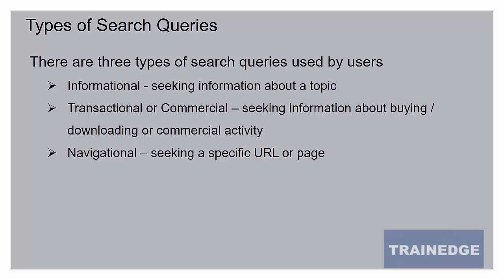Other websites have no interest in serving this navigational query. Facebook has an interest because the person wants to log into Facebook, is having problems, and therefore is searching for the login page. And therefore Facebook would want the login page to show up in the search result.